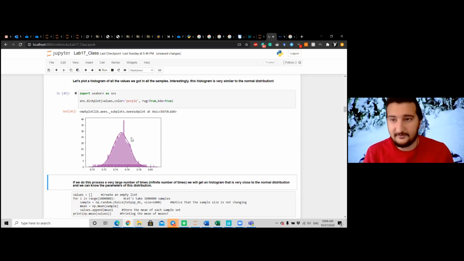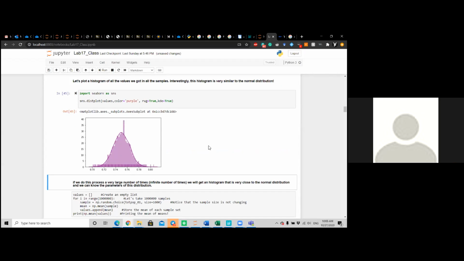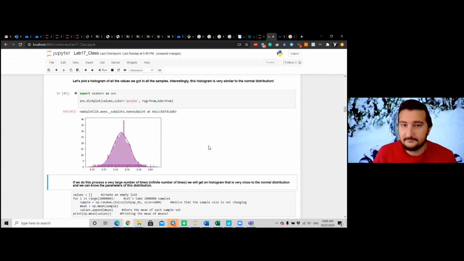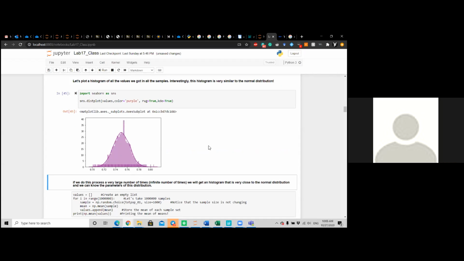Looking at this histogram, you should be able to tell me some information about my population. So either use the chat box or unmute yourselves and tell me, what does this tell you? It looks normal. It looks like a normal distribution. Very good. It's probably Gaussian, and then for some reason there's a huge data value around, I'd say 0.75.